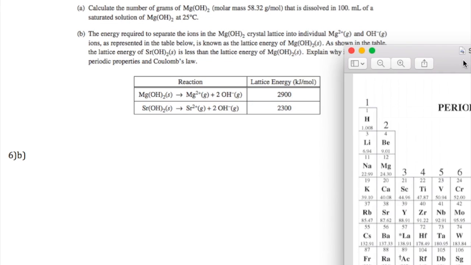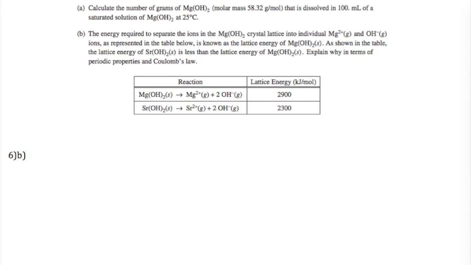Since it's more charge dense, we can relate it to Coulomb's law, because Coulomb's law indicates that the closer the ions are to each other, the stronger the attractions. And since Mg2+ is smaller than Sr2+, that results in a smaller distance between the Mg2+ ions and the OH- ions in the lattice, making those attractions greater.